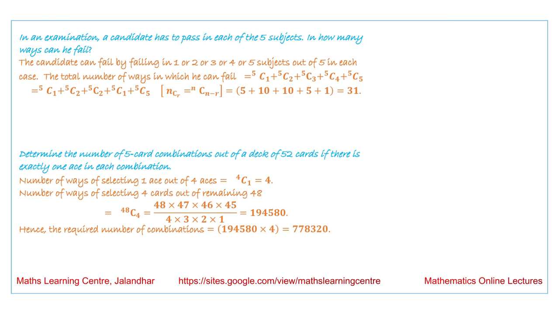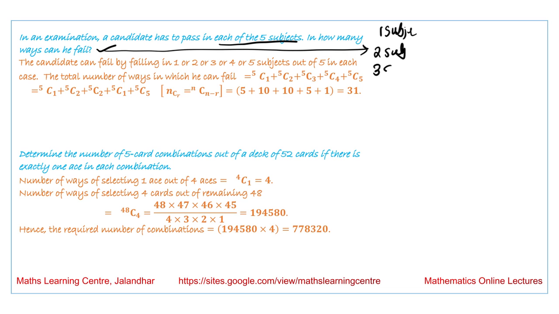Next is, in an examination, a candidate has to pass in each of the 5 subjects. In how many ways can he fail? The candidate will fail if he fails in one subject, if he fails in 2 subjects, or in 3 subjects, or in 4 subjects, or in all 5 subjects.